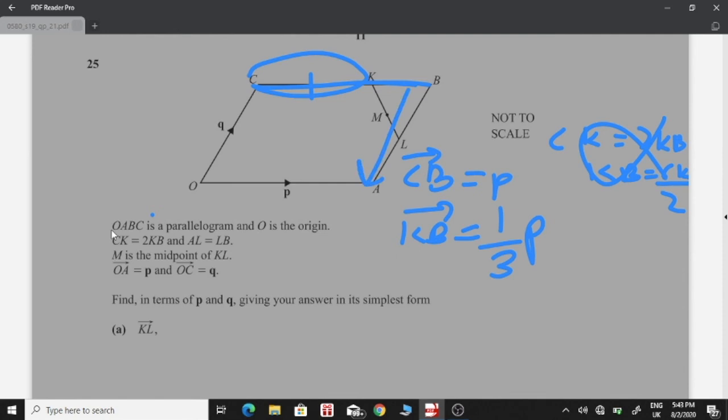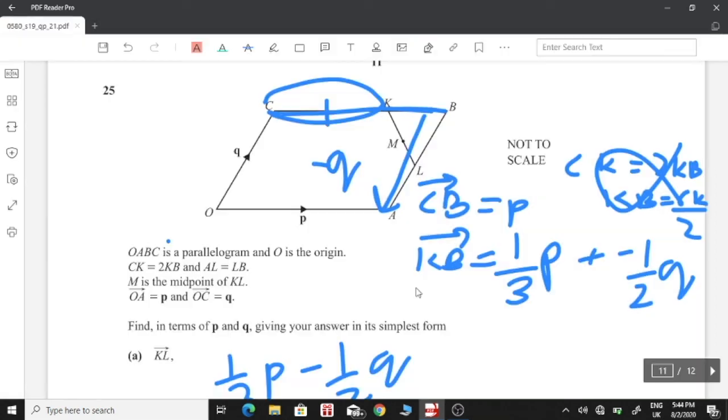BA is negative Q, and since L is the midpoint of BA, we have BL as negative half of Q. So we have KL as 1 by 3P minus 1 by 2Q.